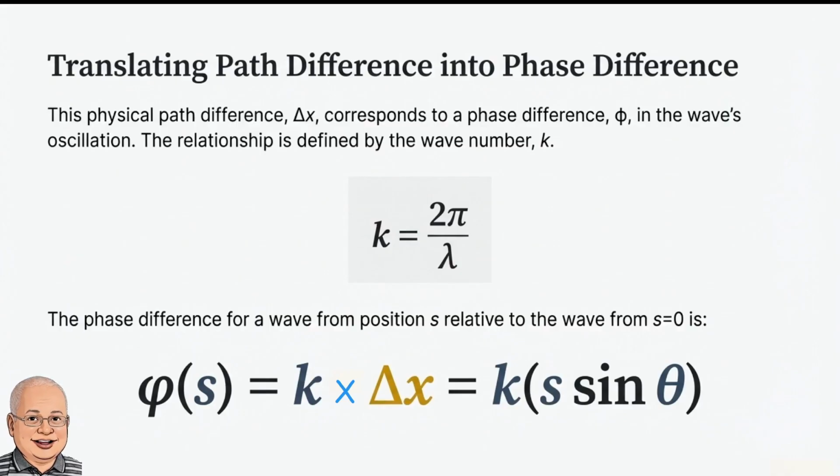Now, delta x we know is s sin theta, so phi is k times s sin theta. Remember, s is not the slit width. s is a distance within the slit. From the top point of the slit, we have moved up to a distance s. The total slit width is b, so up to the bottom is b. So s will vary from 0 to b. Next.